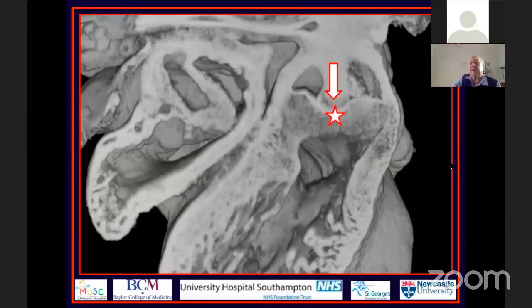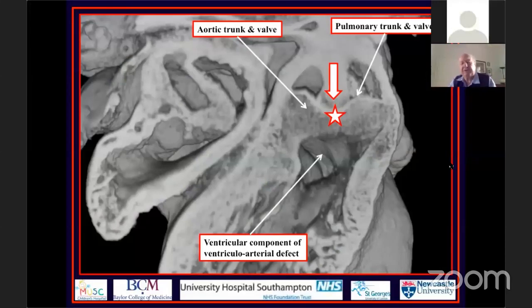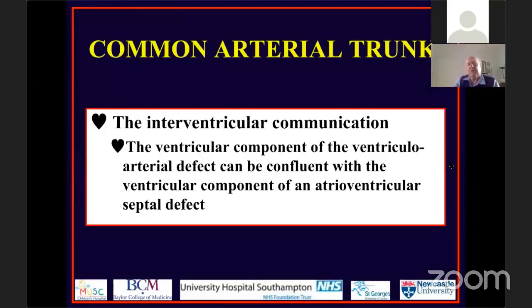The cushions themselves have separated the outflow tract into an aortic trunk, pulmonary trunk, but the proximal cushions have failed to separate the proximal outflow tracts, giving us and leaving us with the ventricular component of the ventriculo-arterial defect. Further evidence that what we are looking at here is a ventriculo-arterial defect, but with exclusively ventricular shunting.